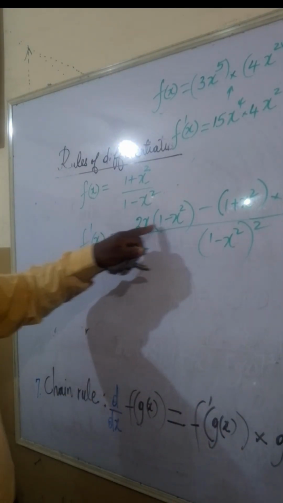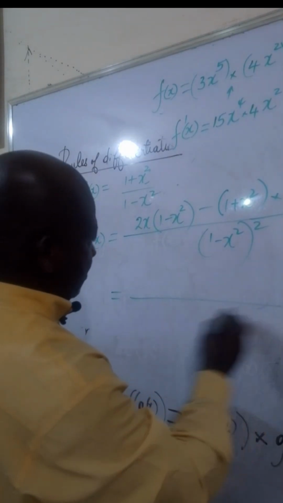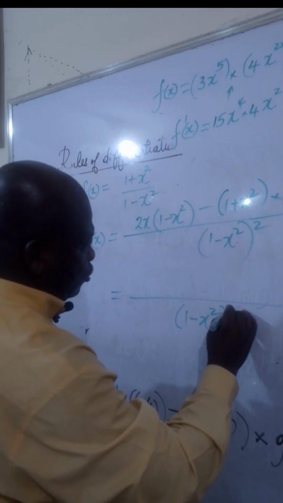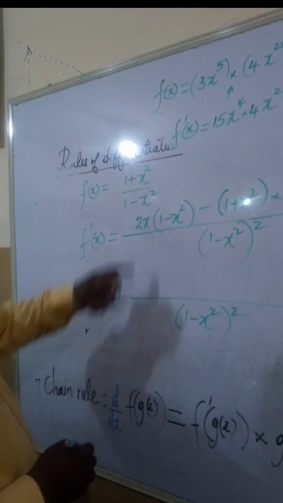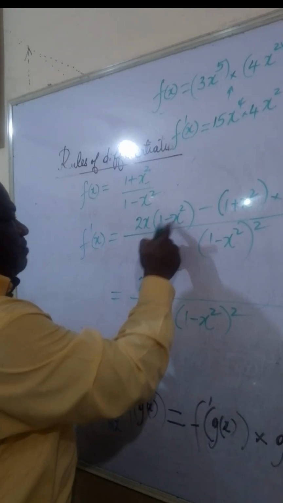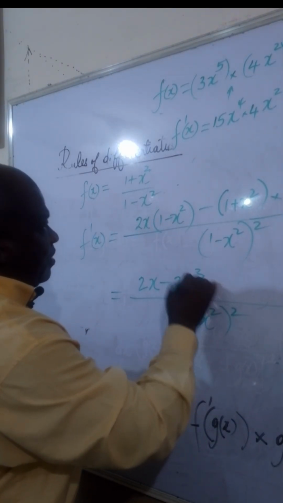Now try to simplify the numerator. There's no need to touch the denominator, just leave it like this. So you have 2x times 1, that's 2x. 2x times this, that's minus 2x cubed.